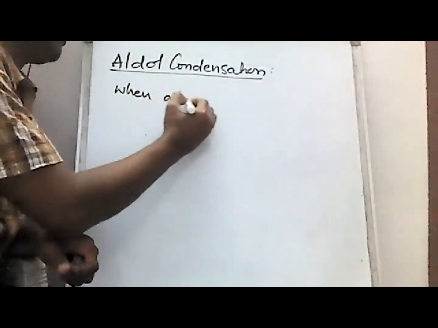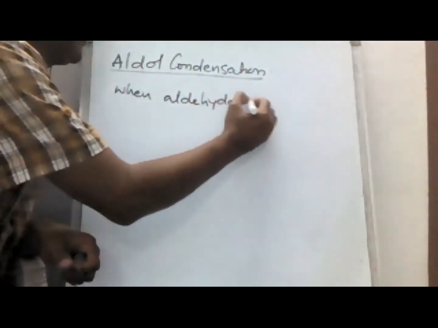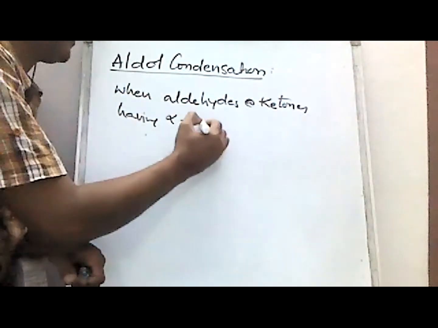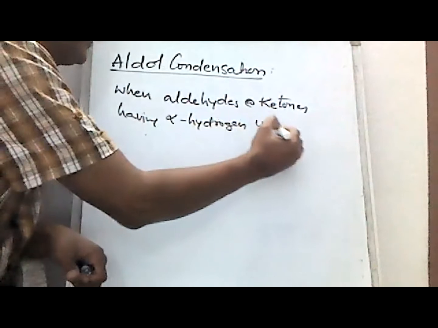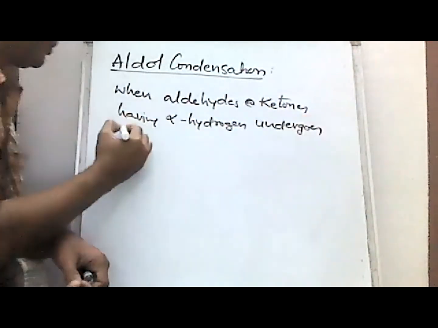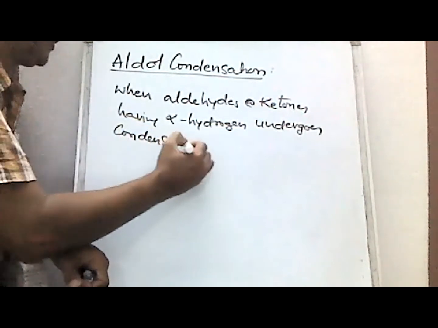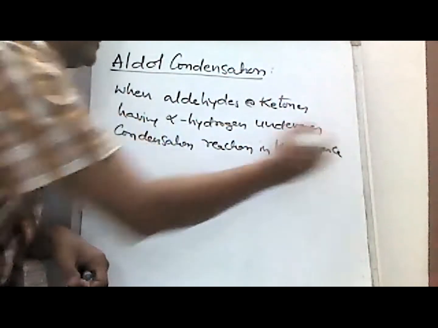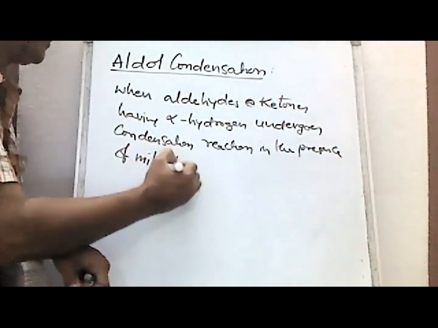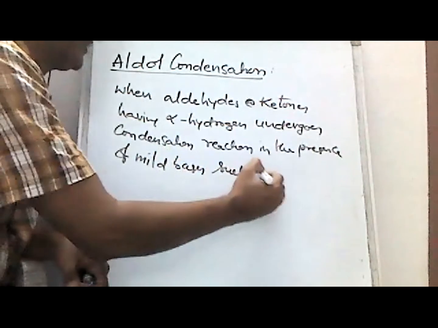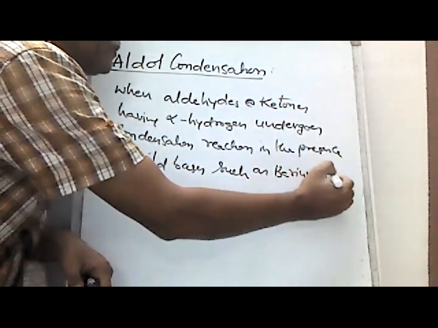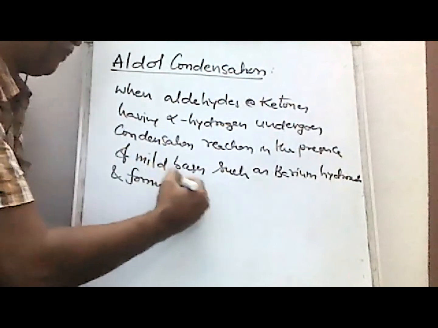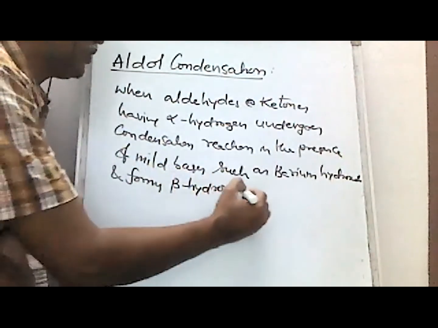When aldehydes or ketones having alpha hydrogen undergo condensation reaction in the presence of mild bases, such as barium hydroxide, and form beta hydroxy aldehydes or ketones.